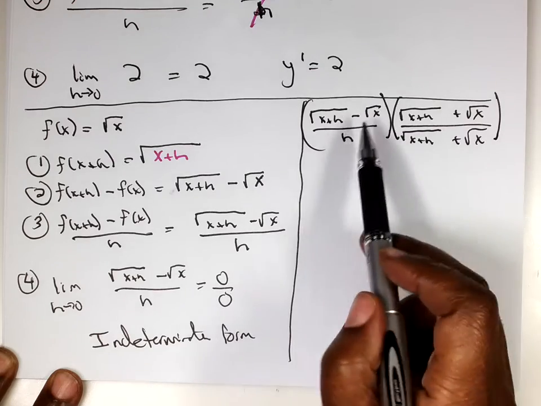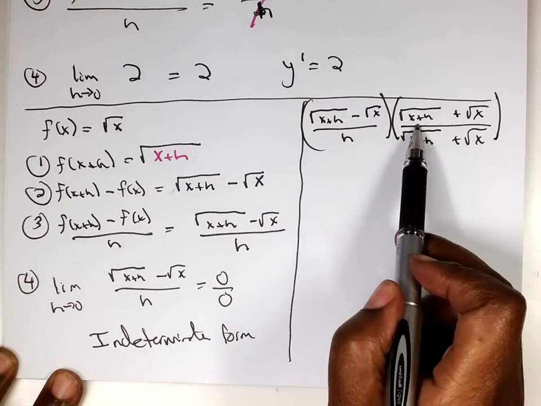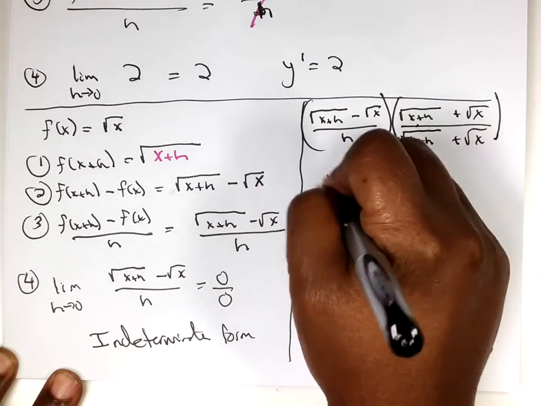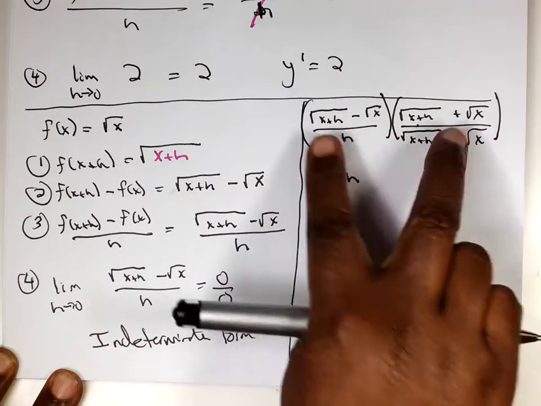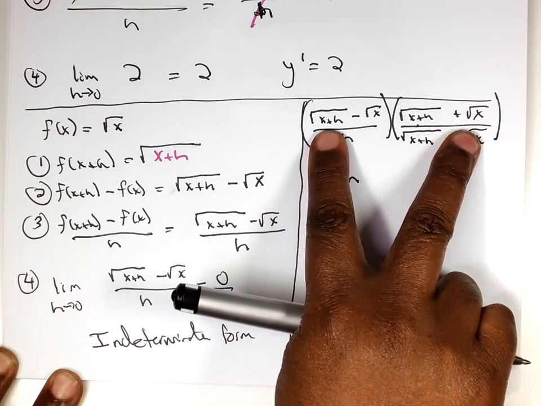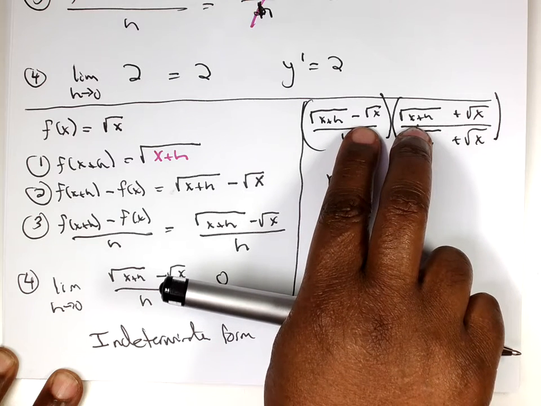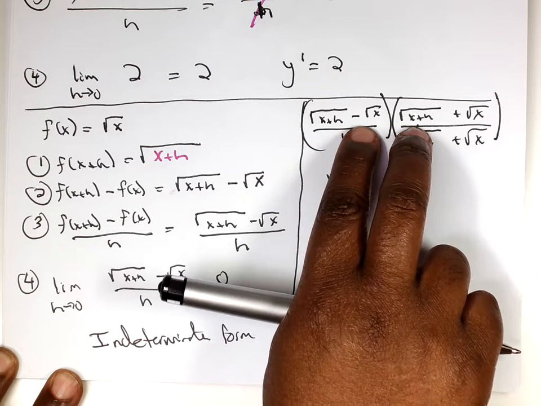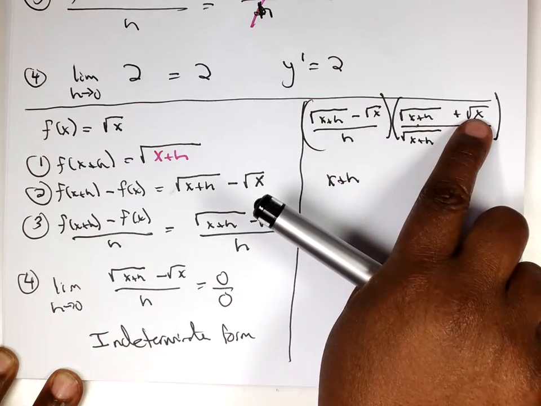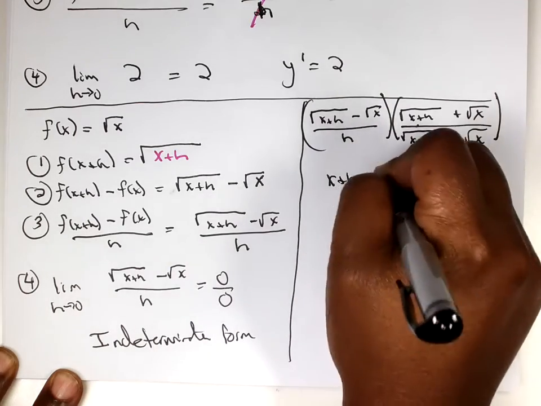So when you multiply this out, square root of x plus h times square root of x plus h is just going to give me an x plus h. This would give me a positive square root of x times x plus h, and then a negative square root of x times x plus h, so those cancel. And then square root of x times square root of x is x. So I get minus x.